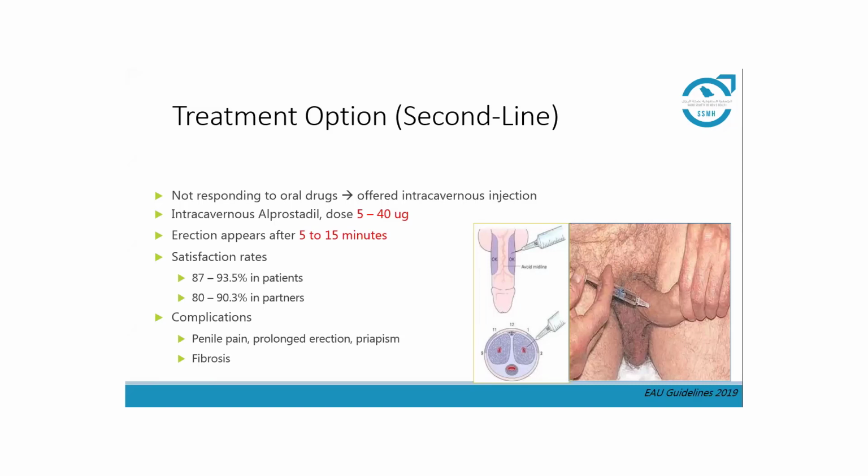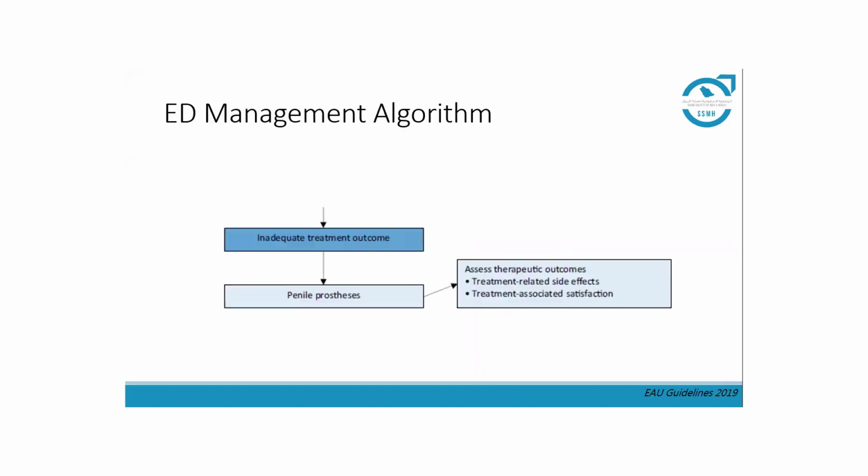So if starting a patient on alprostadil, we should start from the lower dose up to the higher dose, just to prevent the patient from having priapism. It's very important to advise them that if they have an erection that lasts more than 3 hours, to come immediately to the emergency room to treat their priapism to prevent further fibrosis and further problems that they may have.